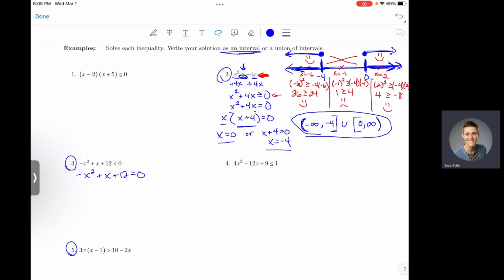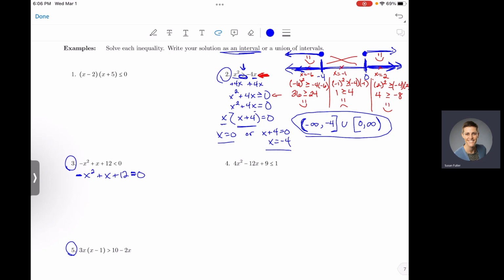Okay, now to solve this, this negative 1 in front of the x squared is kind of weirding me out, and so I want to get rid of that. It's much harder to factor when you have a negative in front of the x squared. And since I have an equals 0 here, I can multiply both sides by a number and still maintain that equality.